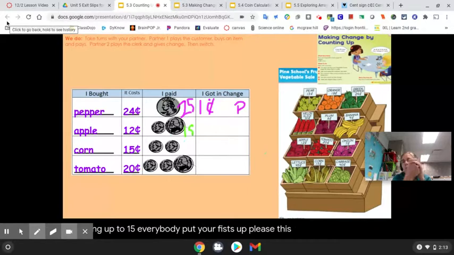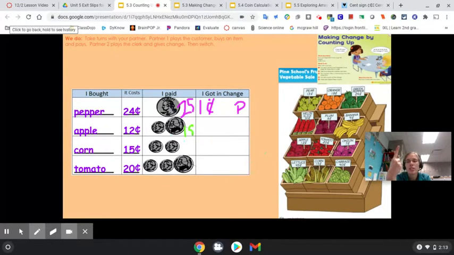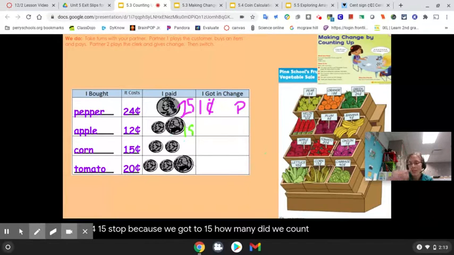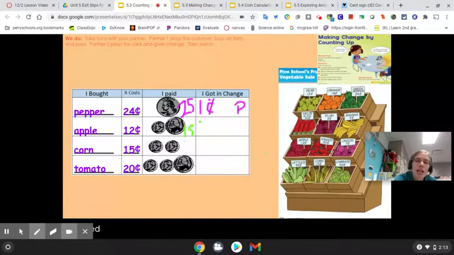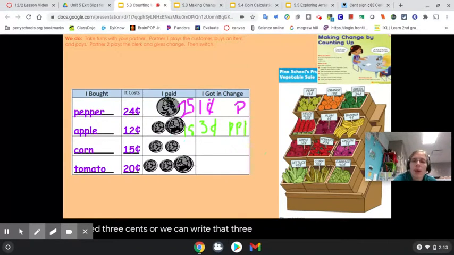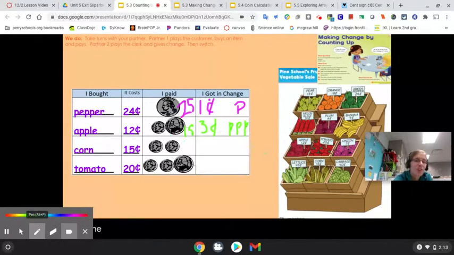This counts as 12. So here's 12, 13, 14, 15. Stop, because we got to 15. How many did we count? That's right. We counted 3 cents. Or we can write that 3 pennies.